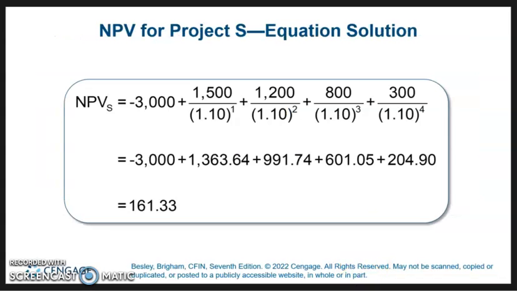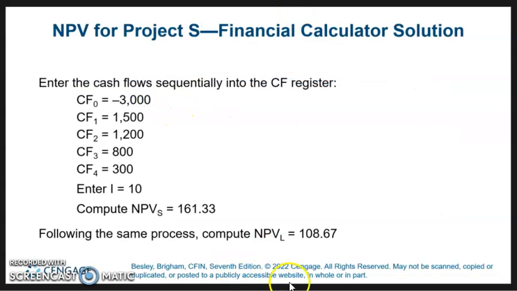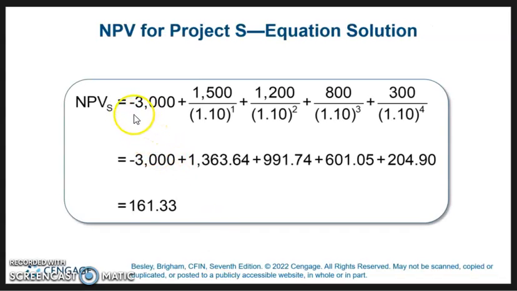It shows the calculation basically done by hand. So project S again. So the $3,000 initial cost, the $1,500 in the first year divided by 1.1 to the 1st power, which is 1.1. Then the 1,200, the second year cash flow divided by 1.1 squared. 800 divided by 1.1 cubed, 300 divided by 1.1 to the 4th power.